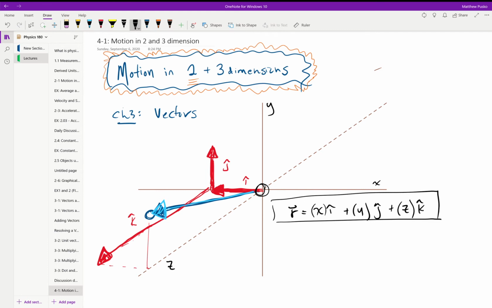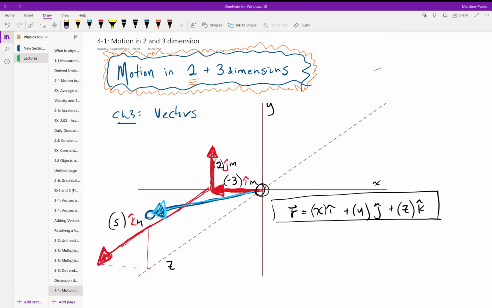Let's give this some numbers. Let's say that it goes over negative 3i, and it's going up, this is from your book too, a positive 2 meters in the j direction, and out in the k direction we have a 5.